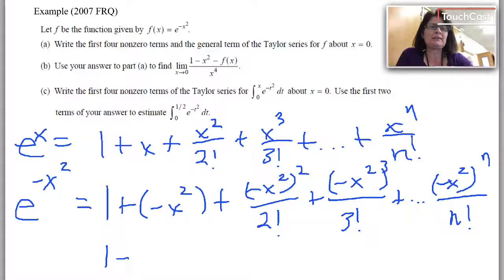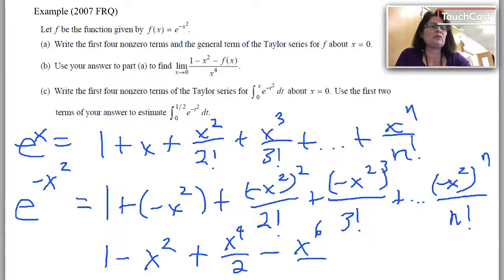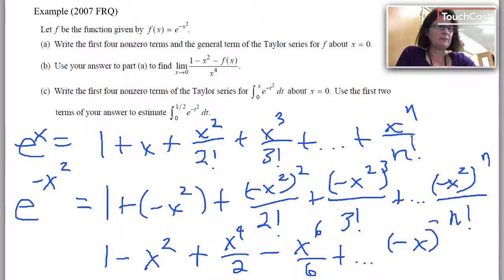That's the same as 1 minus x squared plus x to the 4th over 2 minus x to the 6th over 6 plus ... Okay, when I think about taking negative x squared to the nth, that's negative 1 to the n times x to the 2n over n factorial.